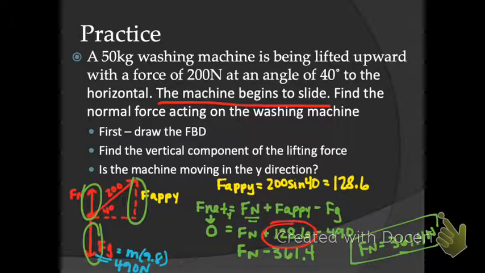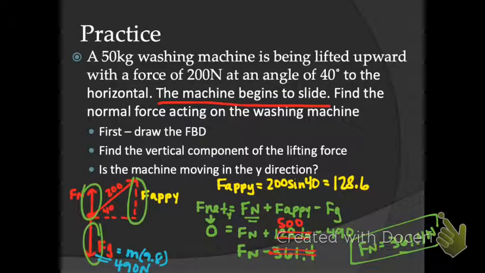So let's say this one, for example, was 500. Let's say my F applied Y had been 500. That means this would have come out at 500 minus 490, which means I applied more lifting force than gravity was applying, which means my object would have been moved off the table, right? So I wouldn't have had a normal force.